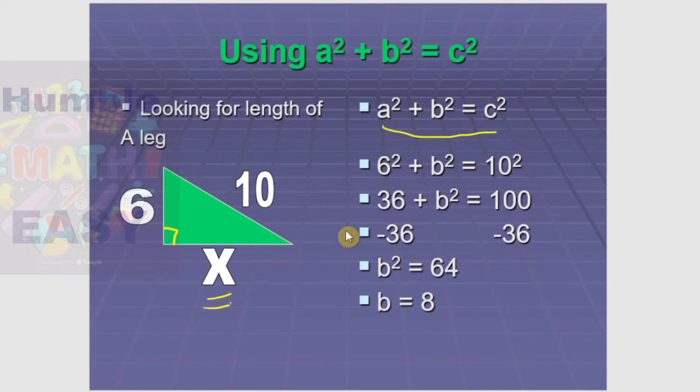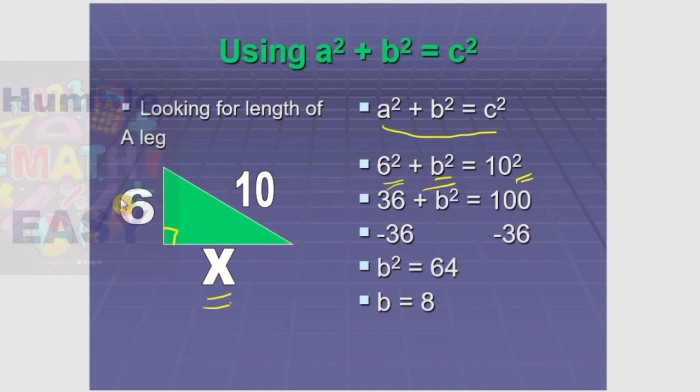Replacing the values, since b is unknown, we keep b squared, then 6 squared, which is a, one of the legs, and c squared, which is 10 squared. So 6 squared is 36 plus b squared is equal to 10 squared, which is 100. So we have 36 plus b squared is equal to 100.